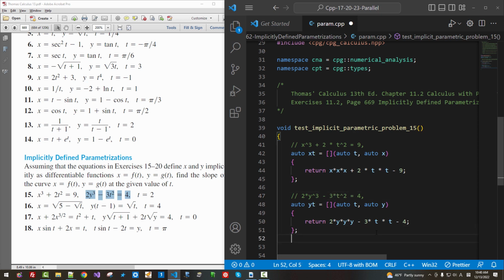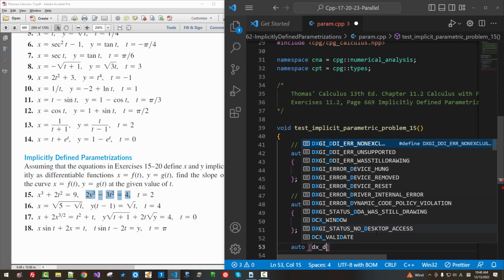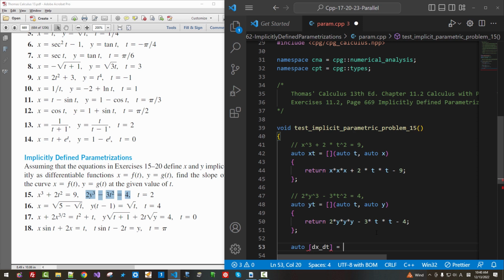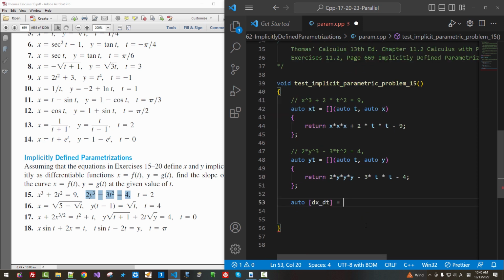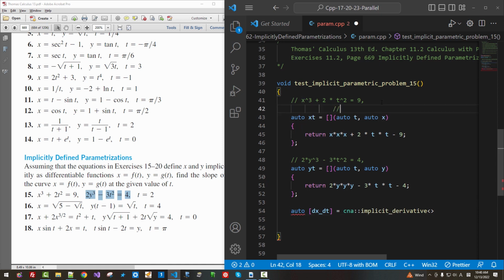Now auto, we evaluate dx over dt. Okay, this is a partial derivative. CNA implicit derivative. We have to pass the position of x. The position of t is 0.